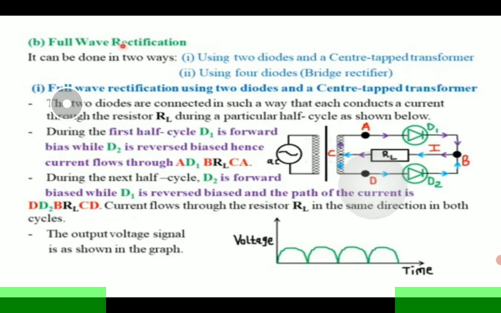Okay, so full-wave rectification using 2 diodes and a center-tapped transformer. Just like we saw with half-wave rectification, where a transformer is used, in full-wave rectification we can also use a transformer which is tapped at the center. This is the center of the transformer where current is tapped from. Two diodes are connected in such a way that each conducts current through a resistor load during a particular half cycle as shown.